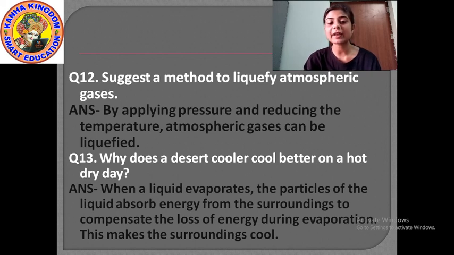That means the atmospheric gas can be turned into liquid form, into liquid state. Understood? I will repeat the question and answer once again. Question number 12. Suggest a method to liquefy atmospheric gases. The answer is, by applying pressure and reducing the temperature, atmospheric gases can be liquefied.